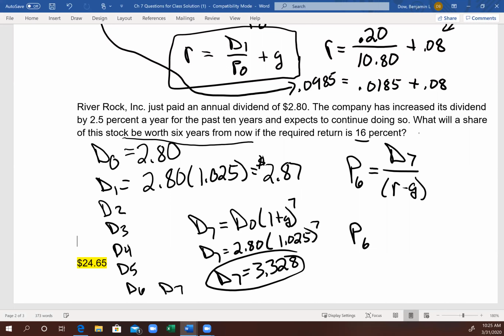So P6 is equal to D7 divided by R minus G. If I take that, you get 24.65.